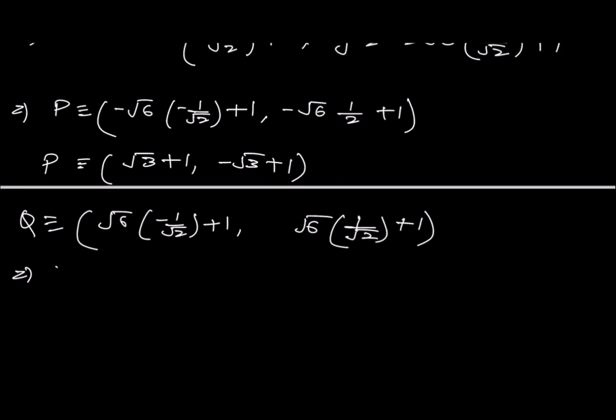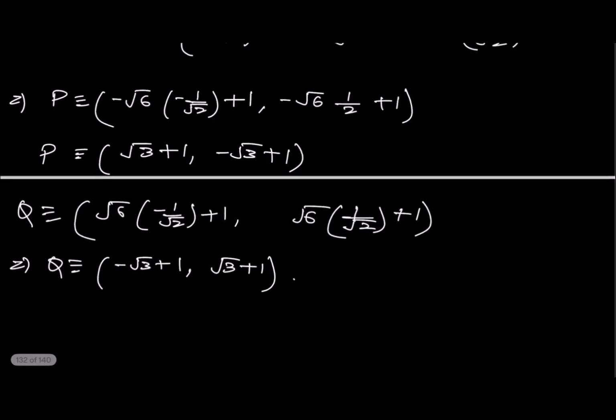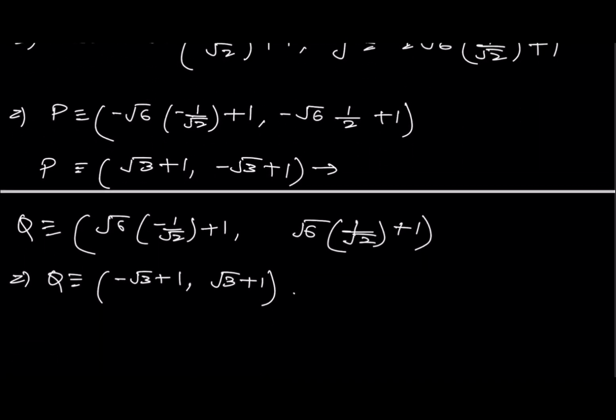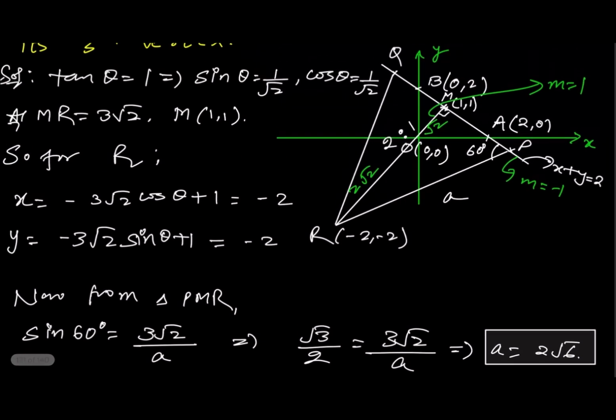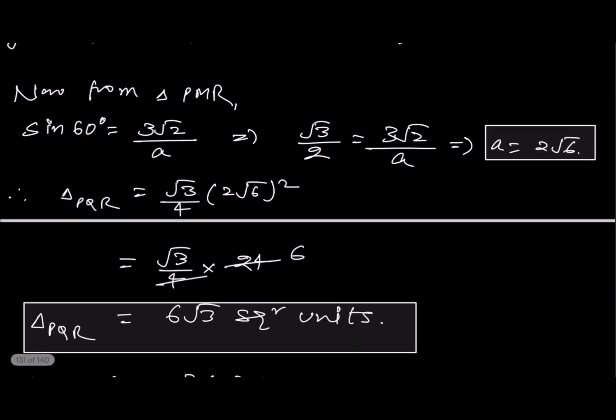So Q is minus root 3 plus 1 comma root 3 plus 1. So this is Q. So from P I can say it is in fourth quadrant and Q is in second quadrant. So this was all about this question. Let us come to next question.